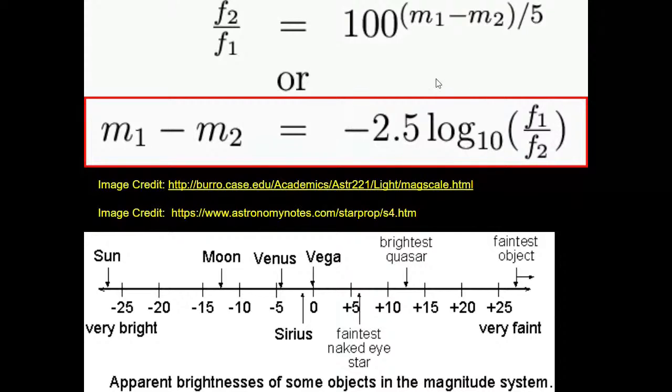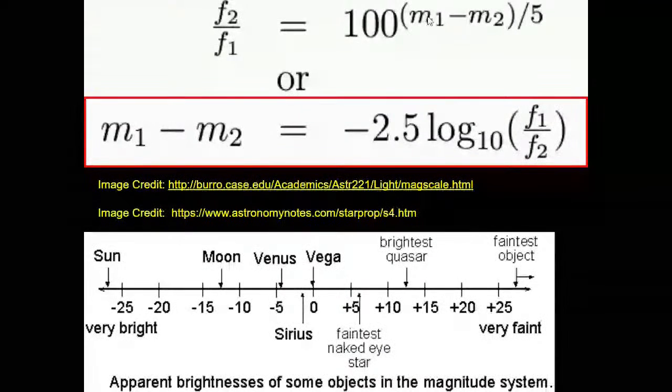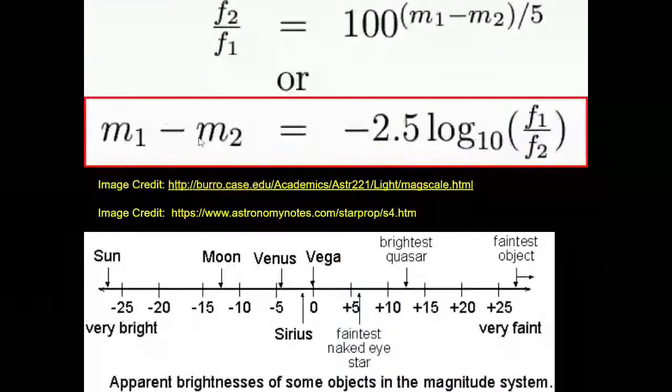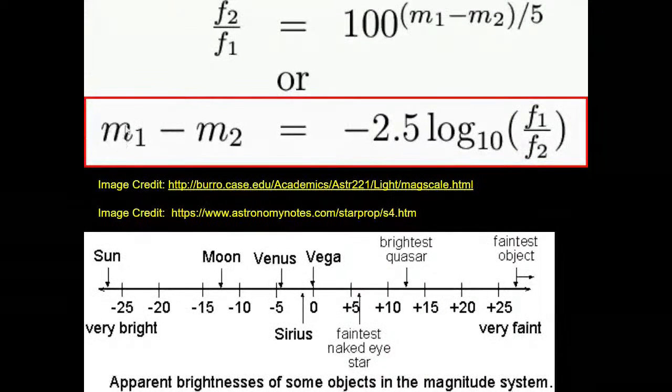If you take the inverse, then you get F2 divided by F1 is 100 to the power (M1 minus M2) divided by 5. So if F2 is smaller than F1, then M2 is larger than M1. By the way, this M1 and M2 are called the apparent magnitude of star 1 and apparent magnitude of star 2 respectively.